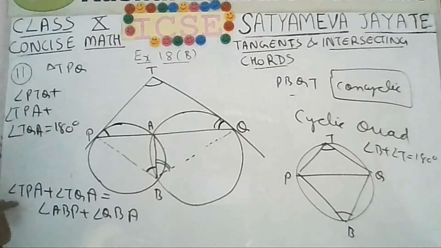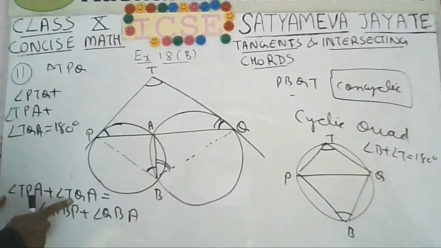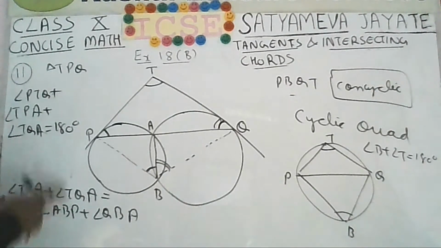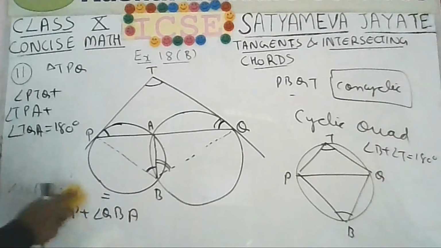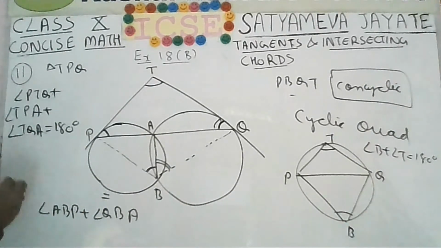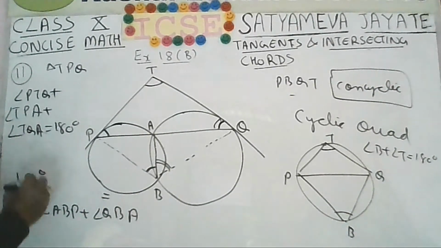So instead of TPA plus TQA, it will be equal to 180 degrees minus angle PTQ.